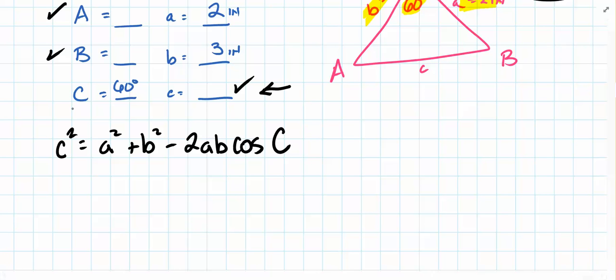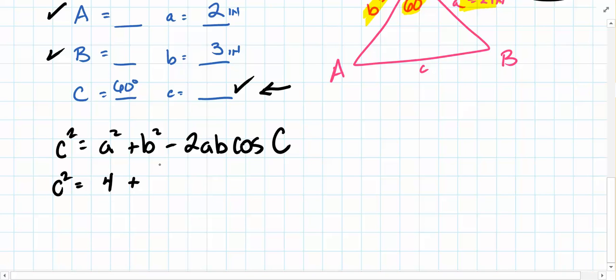So therefore, C squared is, A squared is going to be 4, because 2 squared is 4. B squared is going to be 9, minus 2 times 2 times 3, times the cosine of angle 60 degrees. Oh, we know that one. That one's easy.